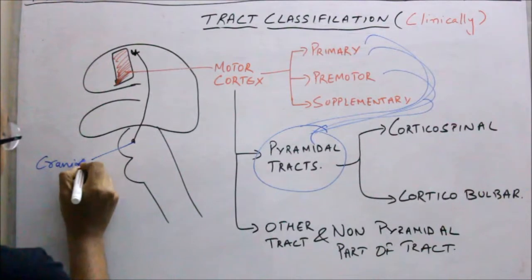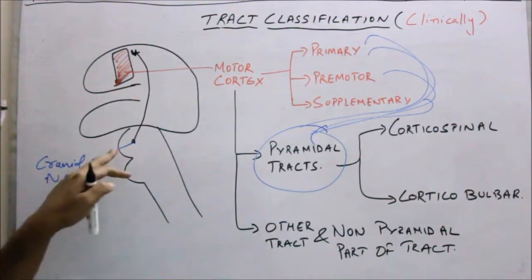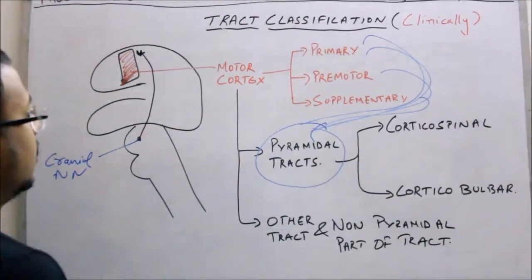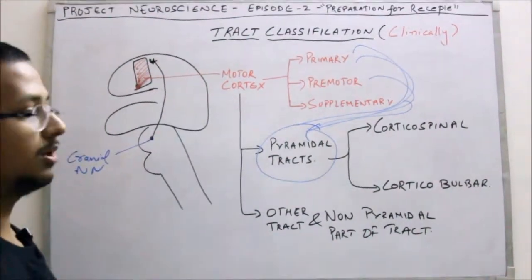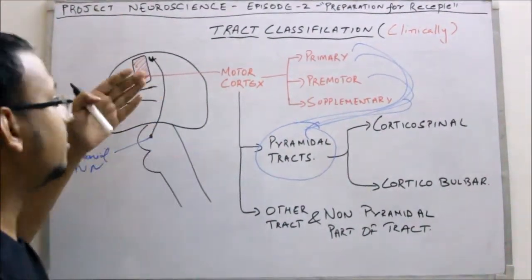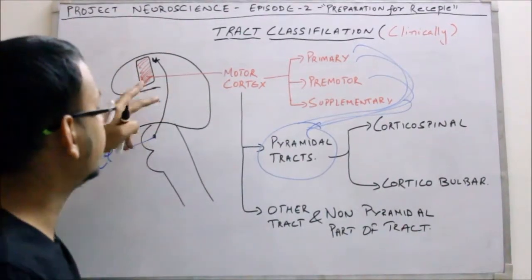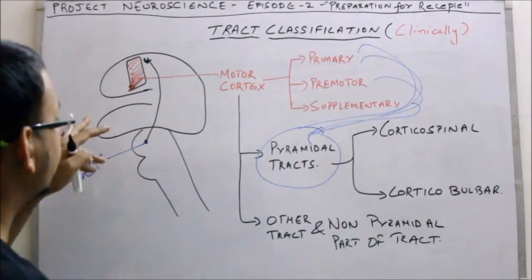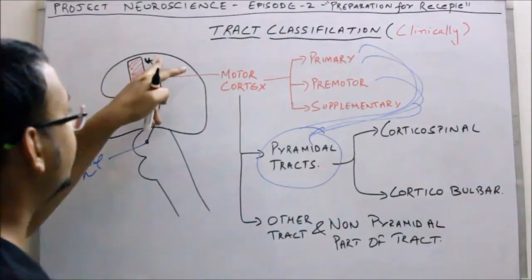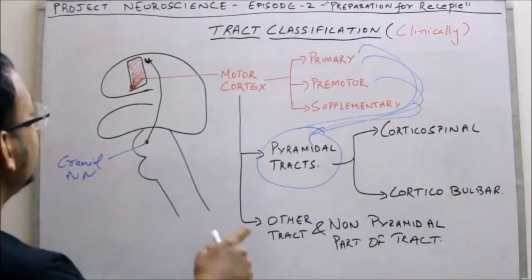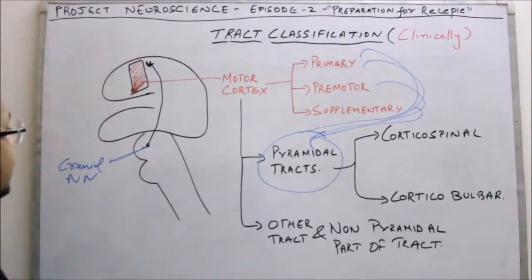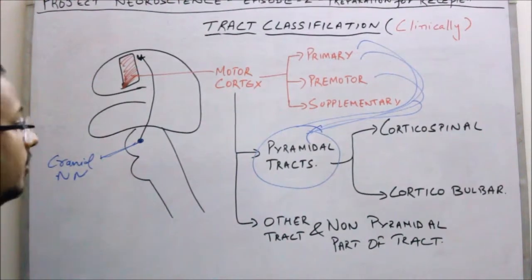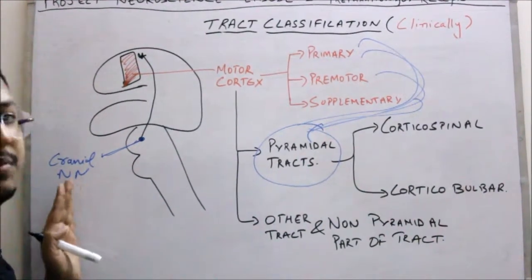This fiber coming from here to here constitutes the corticobulbar tract, as there is a proper projection of the muscles on the motor cortex, known as the homunculus. According to the projection, the fibers come from that particular neuron to this nucleus, and this nucleus gives rise to the alpha motor neuron, which innervates the respective muscle.